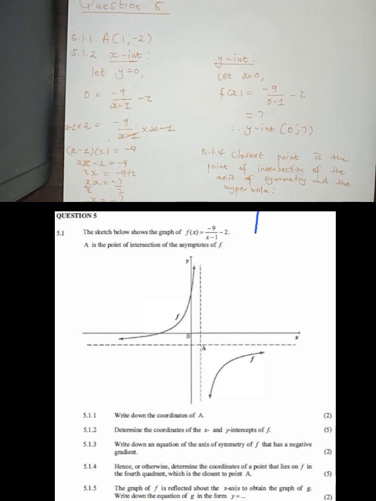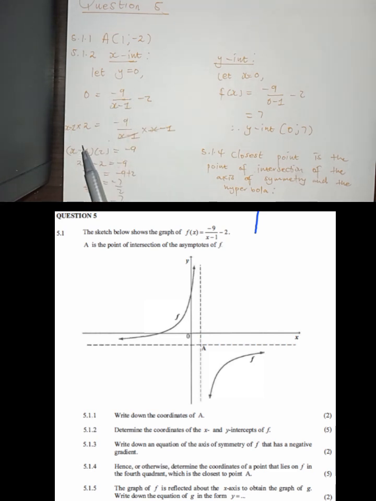5.1.2 says determine the coordinates of the x and y intercepts of f. Guys, you know this one, very easy, but let's run through it. So for the x-intercept, you let y equal to 0, and then 0 is equal to -9 over x minus 1, minus 2.